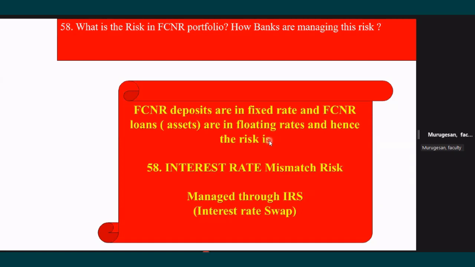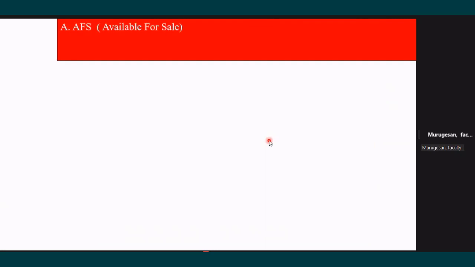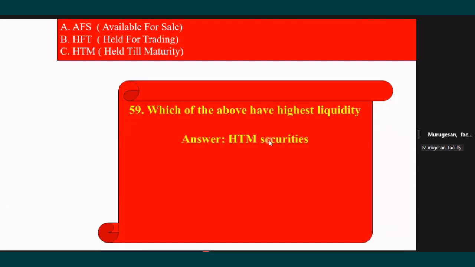One segment is in fixed rate, another is floating: assets are at floating, deposits are fixed, FCNR are fixed. To manage this, we already discussed IRS, interest rate swap. AFS means available for sale, I think we have discussed. The question is, which of these have the highest liquidity?